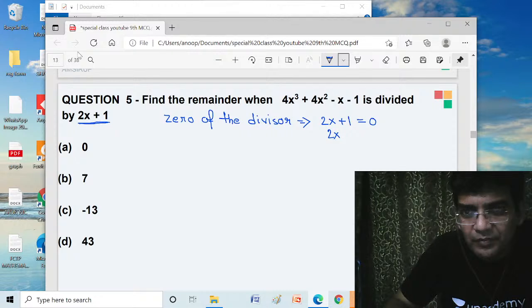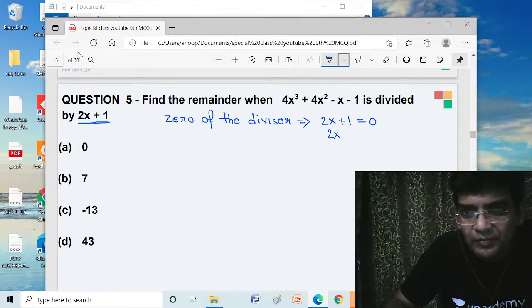Now we will substitute this zero of the divisor in the polynomial. So first of all, we will write the polynomial. This is the polynomial. Writing this polynomial over here.